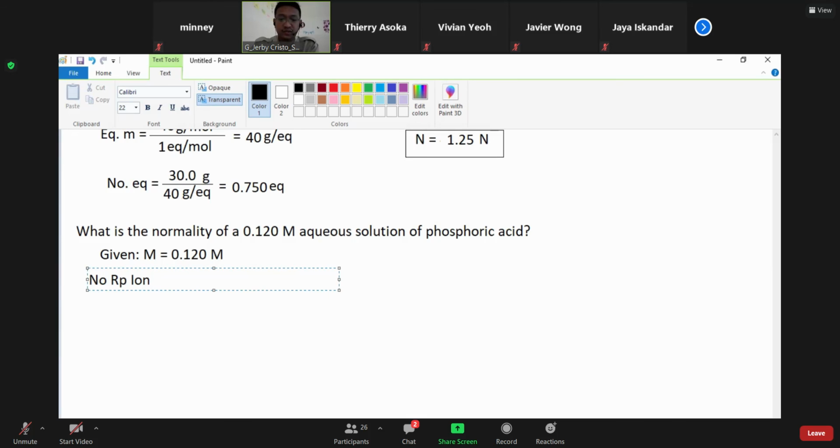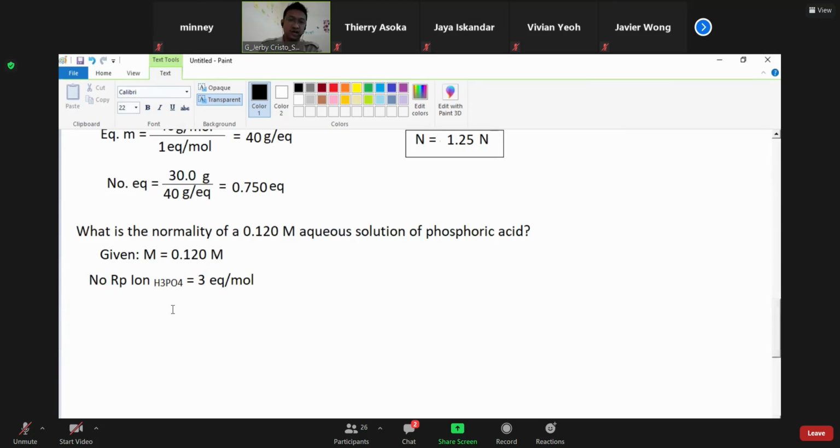What's the symbol of phosphoric acid, by the way? H3PO4. Now, what is the number of replaceable ions of H3PO4? 3 equivalents per mole.